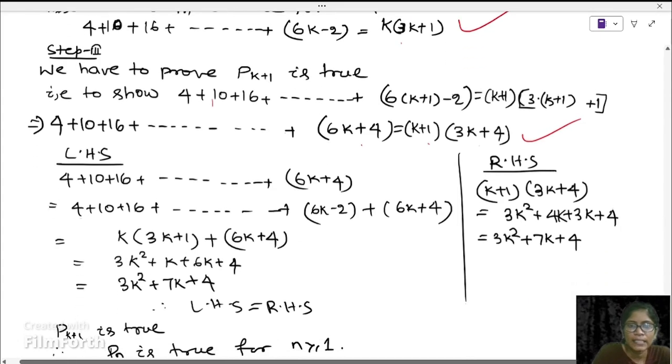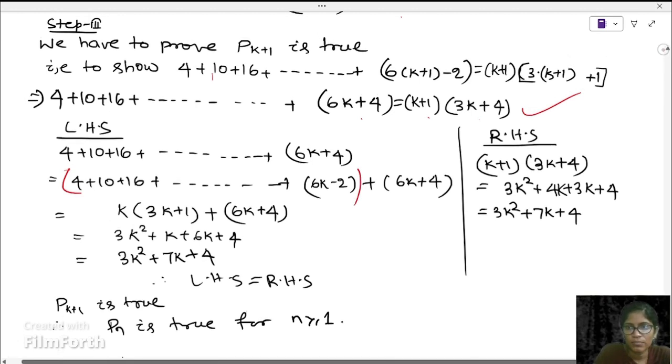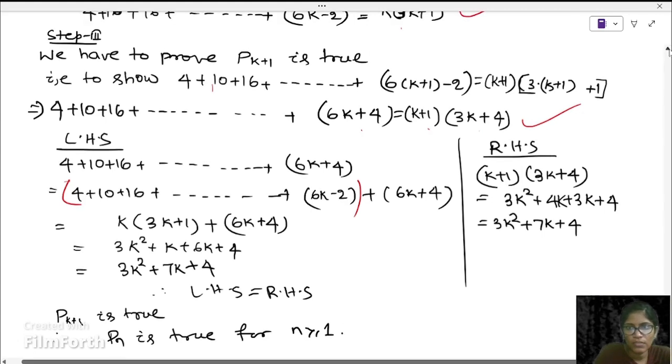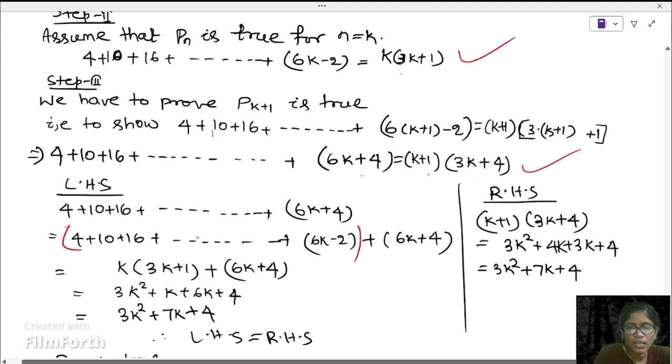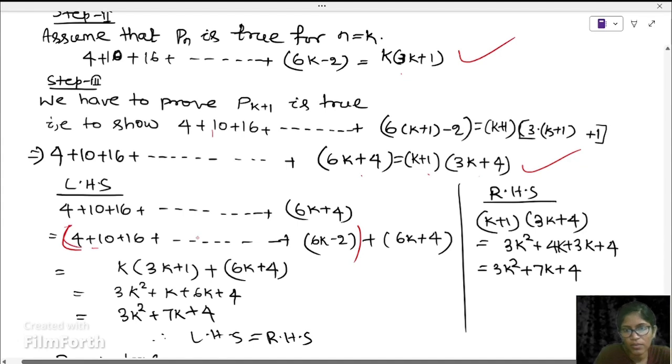Okay, 4 plus 10 plus this. From this to this value, its value is from step 2, which equal to k into 3k plus 1. Now we can put in this place k into 3k plus 1. From this to this, k into 3k plus 1 plus 6k plus 4, which equal to 3k square plus k plus 6k plus 4, equal to 3k square plus 7k plus 4.